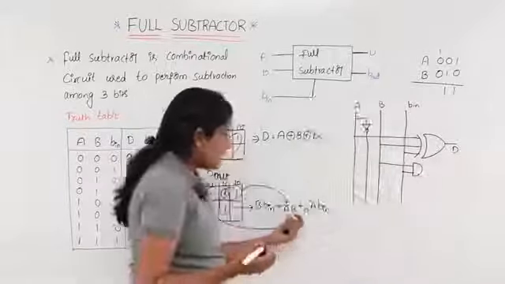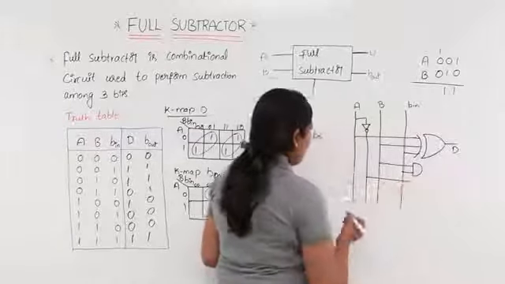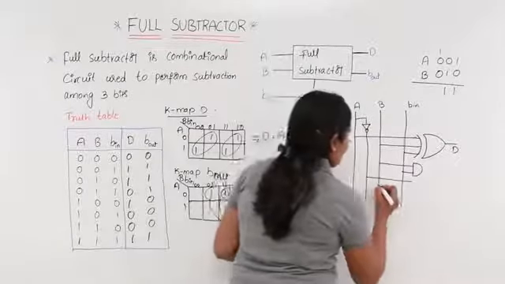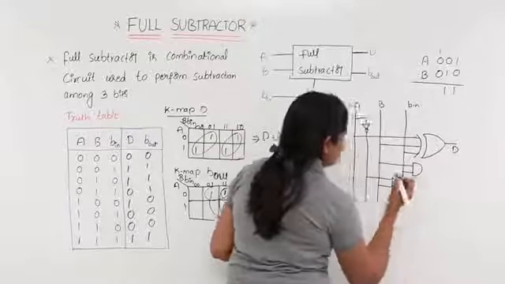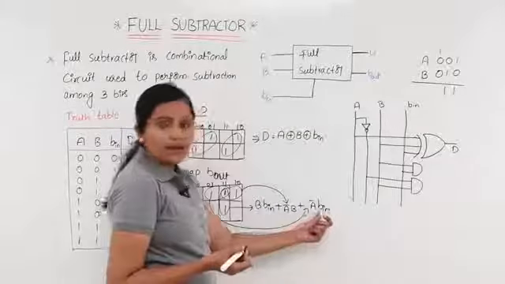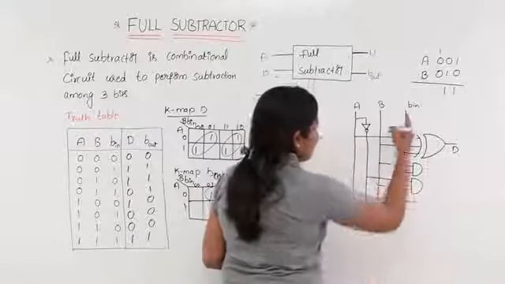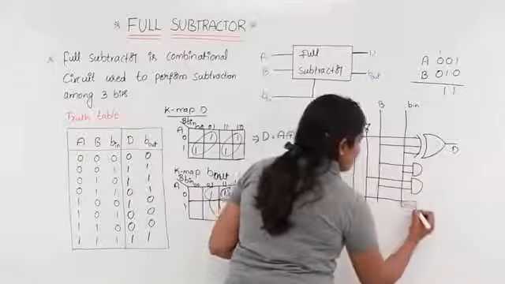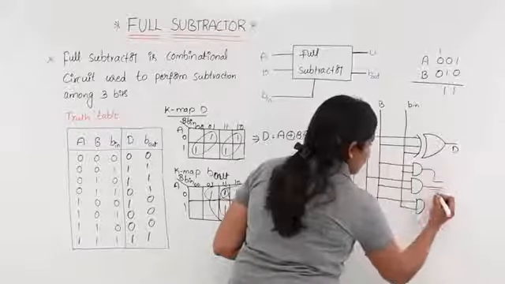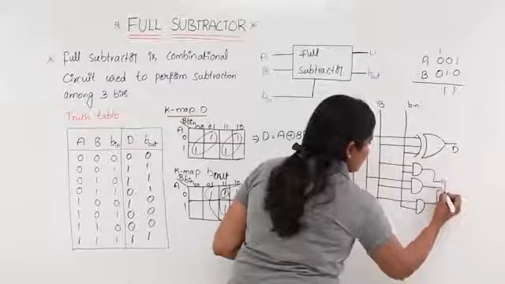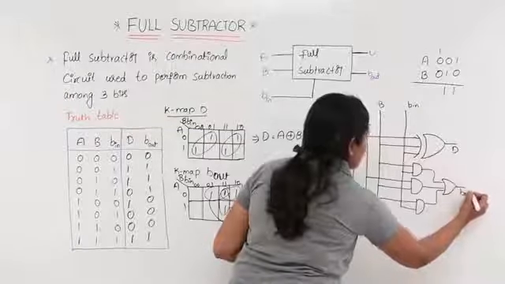After that A bar B: for A bar you drag from the inverter line, and capital B. Now finally A bar B in: A bar again from here, and B in is this line. All of these you add using an OR gate. Then you get your borrow out from the full subtractor.